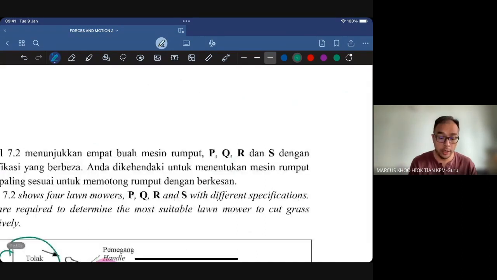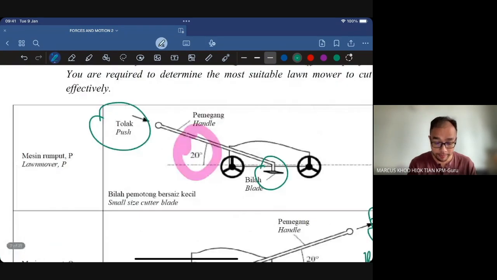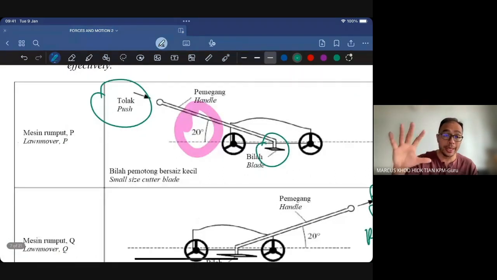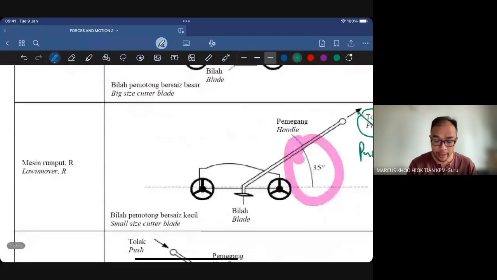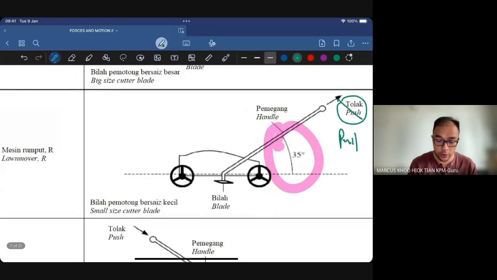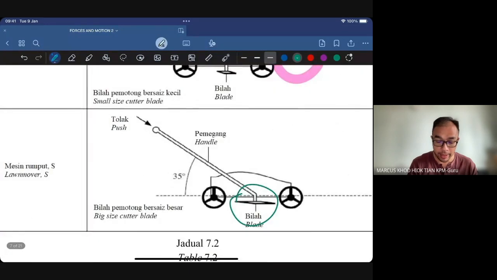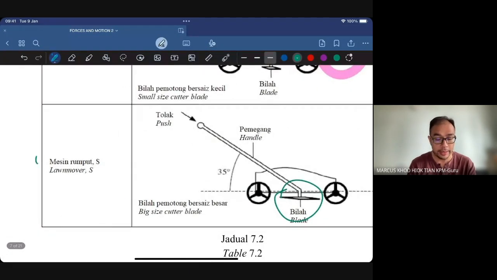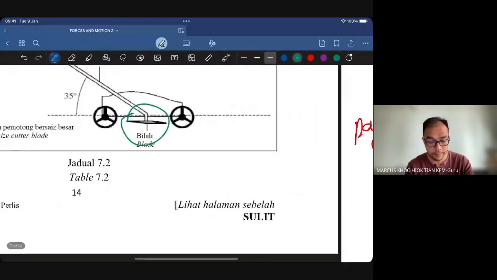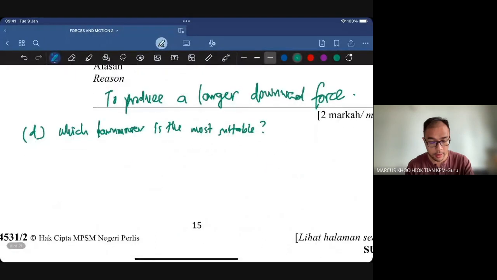Between P, Q, R, and S, you want it to be push, bigger angle, and bigger blade. So you want to have S. S is the most suitable for this, because it fulfills all the characteristics above.